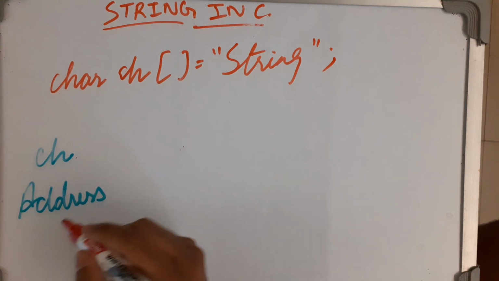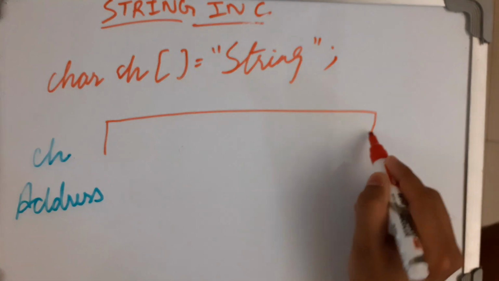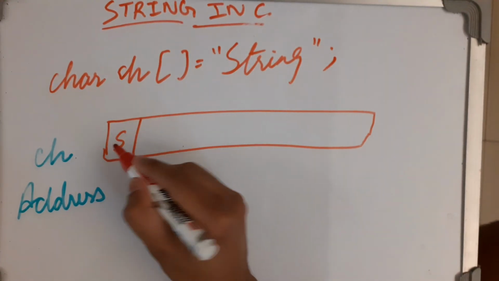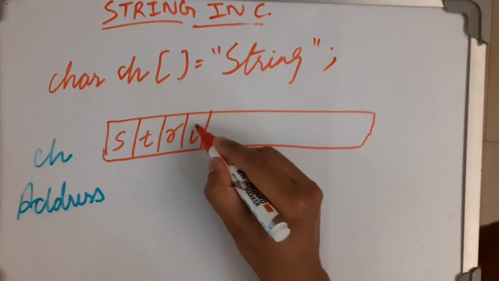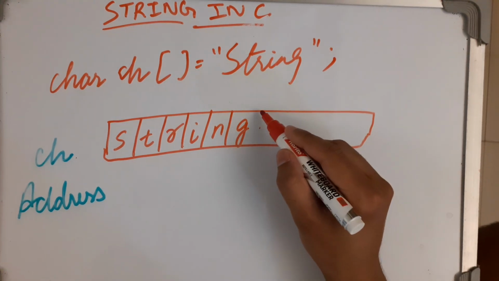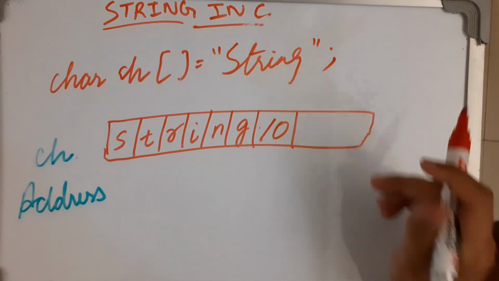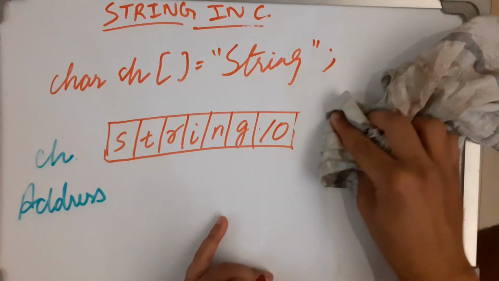Now how will it create? It will create a block for each character, like S, T, R, I, N and G, and at last it will store \0, which means the string is ending here only. There is no further character after this.